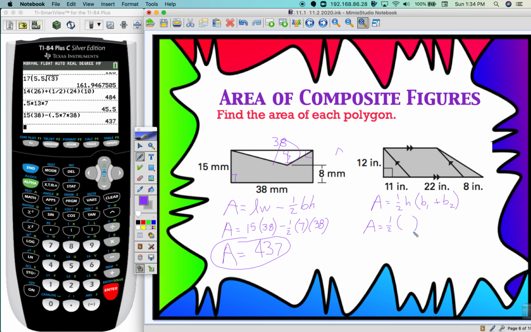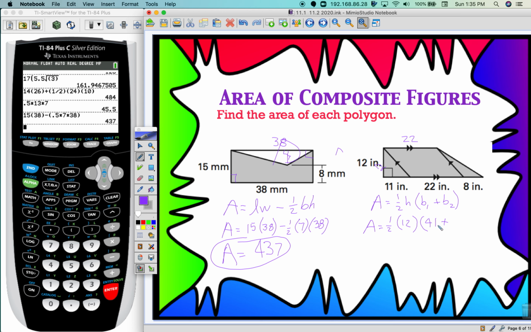All right, so if the height is the perpendicular distance between the bases, it's going to be 12. Now one base is this entire thing, which is 8 plus 22, which is 30, plus 11 more is 41. And the other base is this one right here, and the parallelogram in the middle.